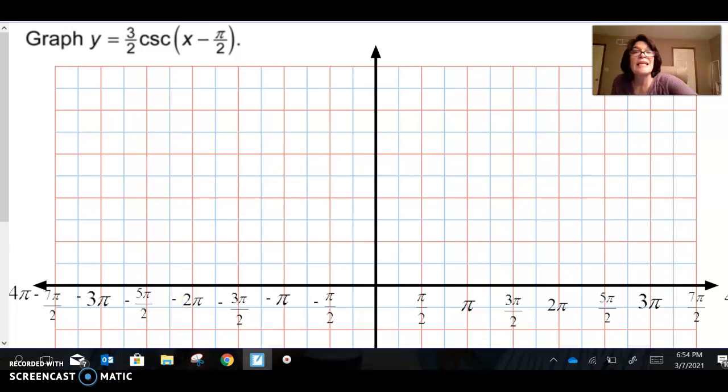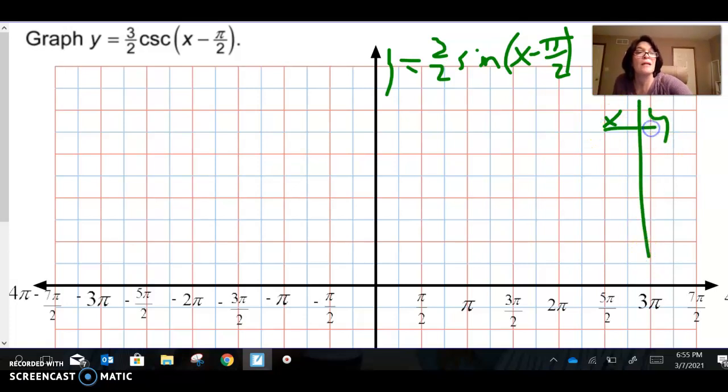This one is cosecant. So I'm going to graph y equals 1/2 sine of x minus pi over 2. Again, I need my key points, which are 0, pi over 2, pi, 3 pi over 2, and 2 pi.